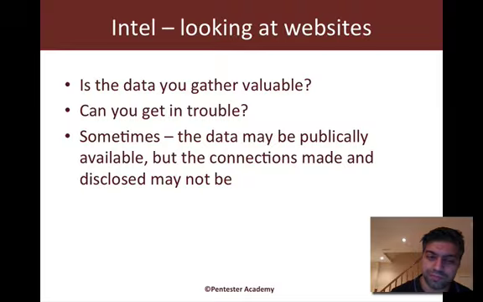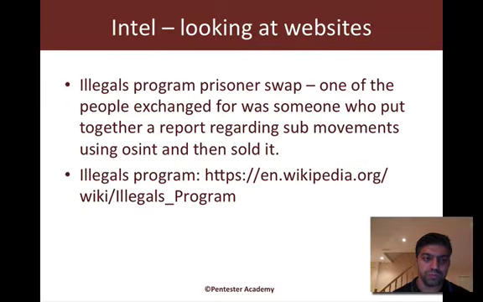In terms of whether you can get in trouble, I want you to think about the illegals program's prisoner swap that took place a few years ago, where a number of Russian deep cover spies were detected in the US. They were ultimately sent back to Russia, and in exchange, the Russians sent back a few people who they had determined were American spies. One of them was not a traditional spy.